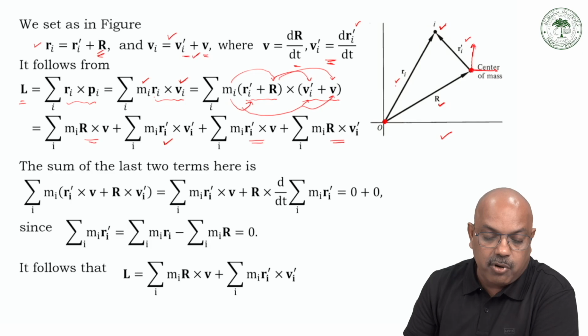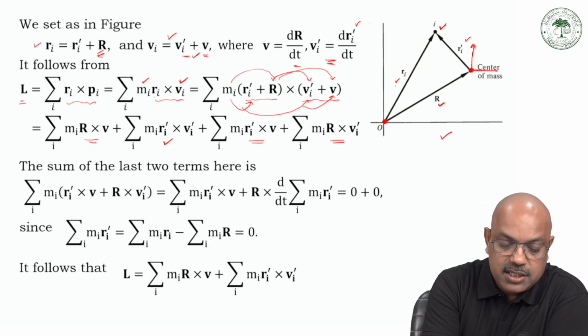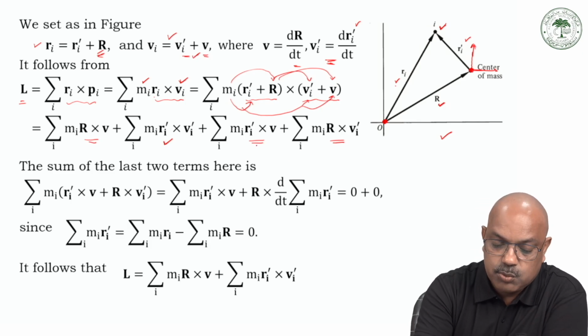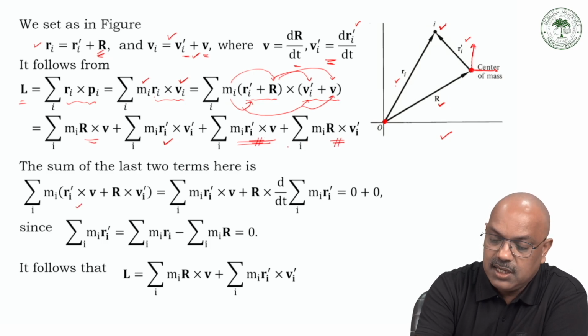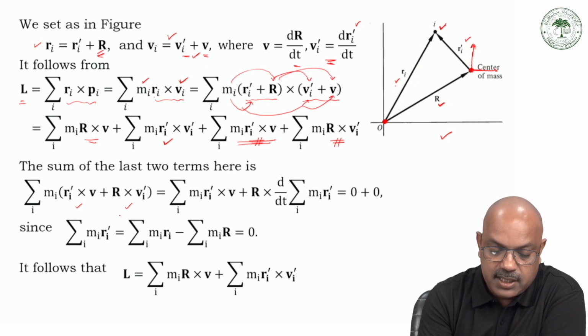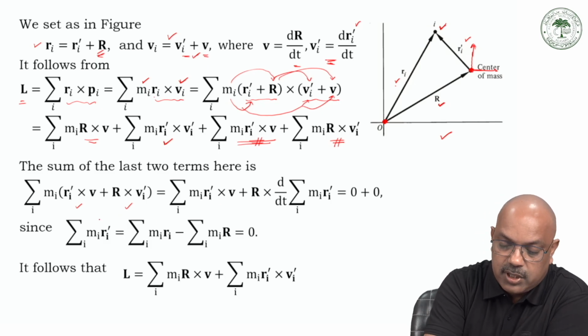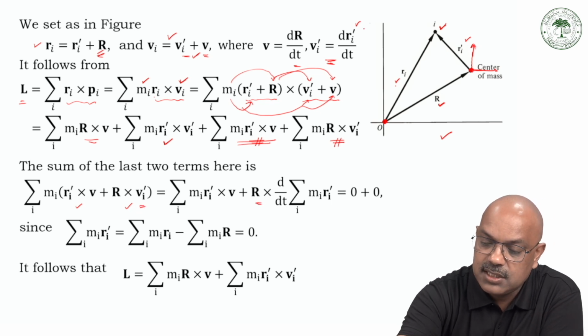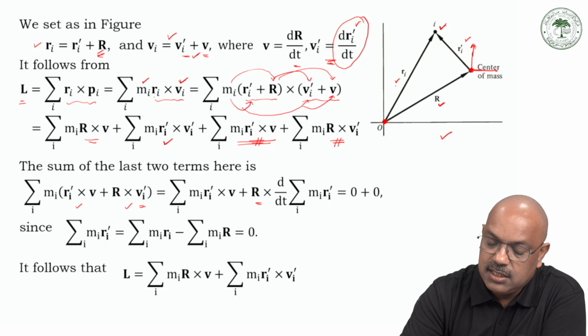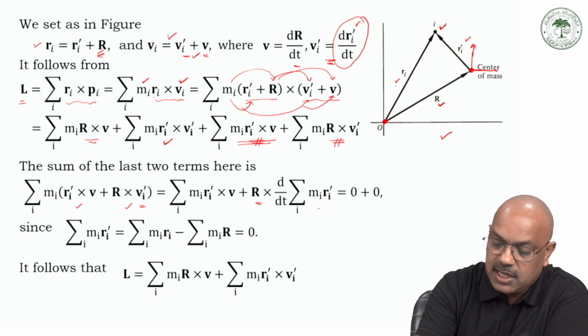The important part here is the sum of the last two terms: mi Ri prime cross V and mi R cross Vi prime. If you open this, R is outside, and Vi prime is dRi prime by dt. I can take m inside, and this is d by dt of the sum of mi Ri prime.